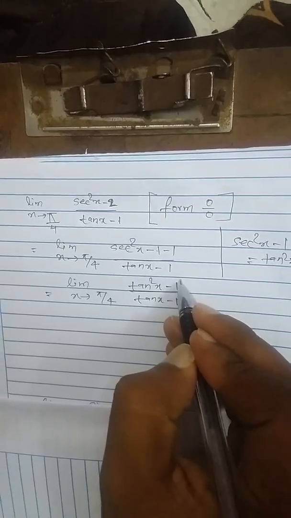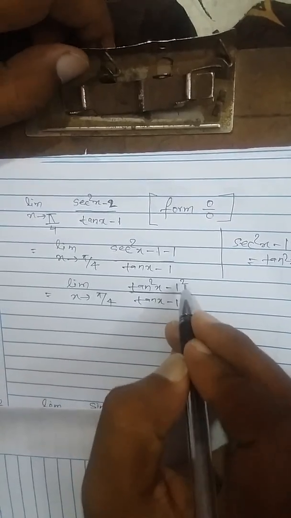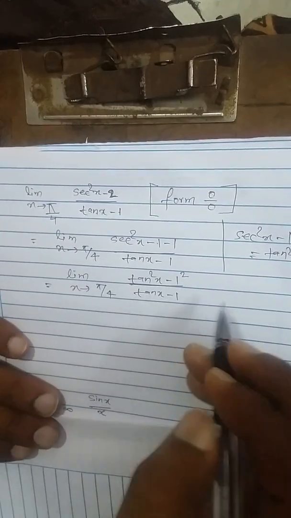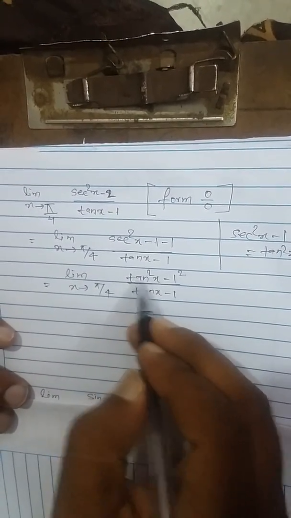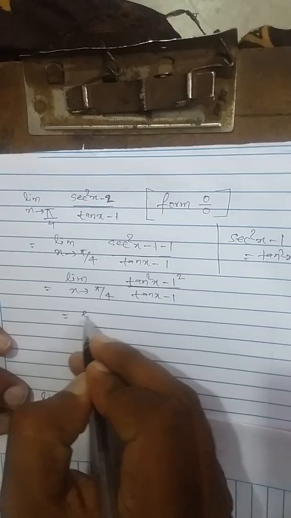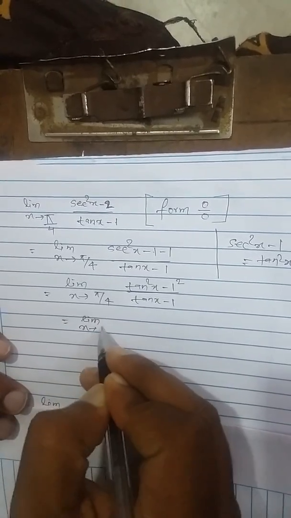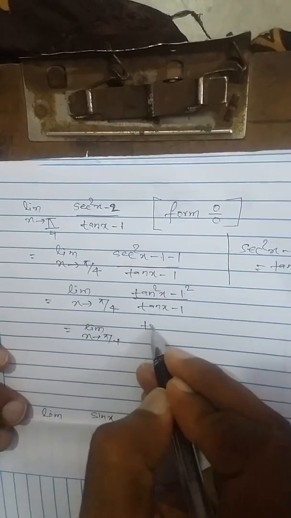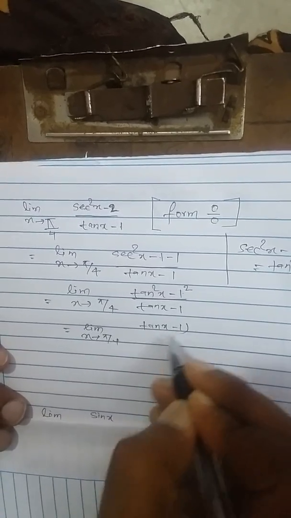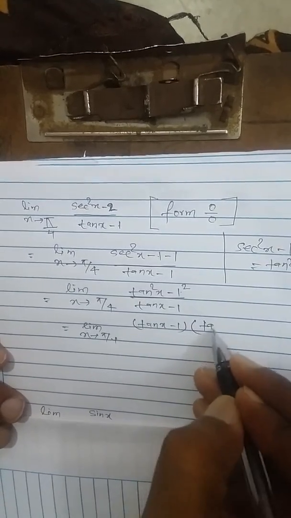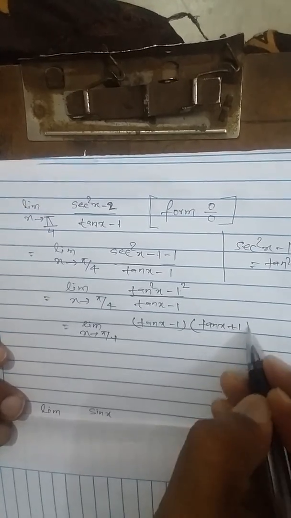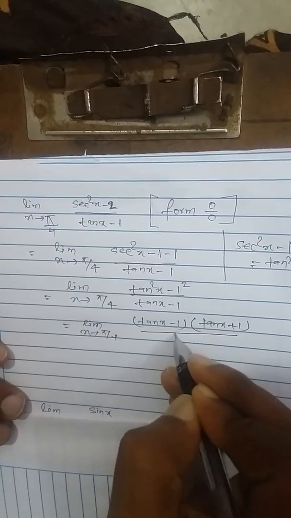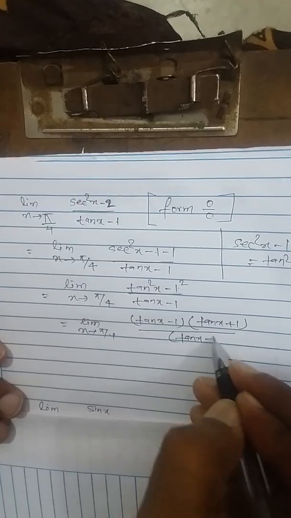Can this one be written as 1 whole square? I have done so because we are going to apply the algebraic formula of a square minus b square here. Limit x tends to 45 degrees as it is, this a square minus b square can be written as a minus b into a plus b, and denominator tan x minus 1 as it is.